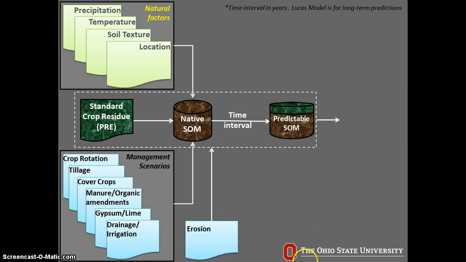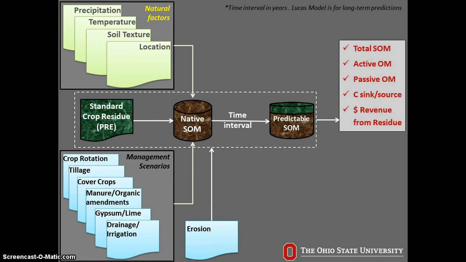Now the SOM calculator takes into consideration some of the management practices, for example the crop rotation, tillage, cover crops, manure and drainage and irrigation, and then it also takes into effect the loss of organic matter due to erosion. Now the typical output of the calculator is the total soil organic matter content.